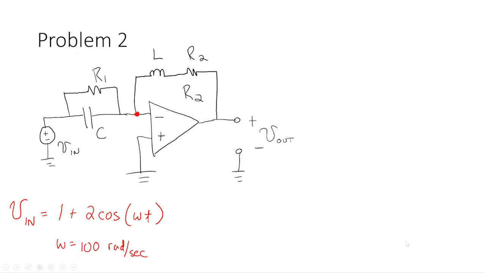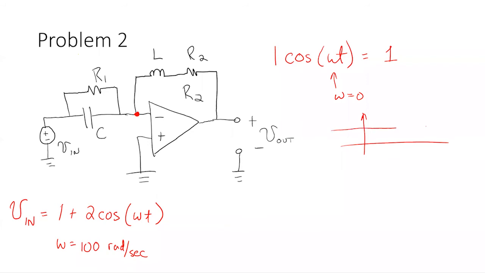The DC voltage. What is the frequency of a DC voltage? 0 hertz. It doesn't vary. So I like to think of it this way: 1 cosine omega t, if omega is equal to 0, what's this equal to? Just 1. If I plotted the number 1 versus time, it's always constant.